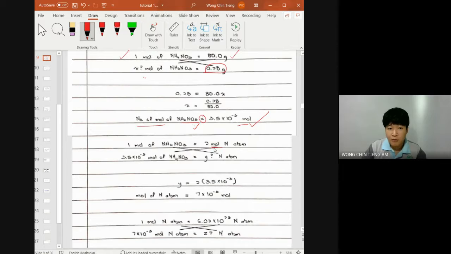Look at here, moles of nitrogen atom. The structure is the same. The trick of the question over here is 2. Okay, 2, because I have NH4 here, I have NO3 here. So don't look at just one. When we look at N atoms, we want all of them. That's why 1 mole of ammonium nitrate is 2 moles of N atoms.